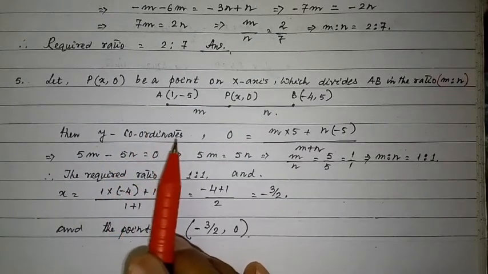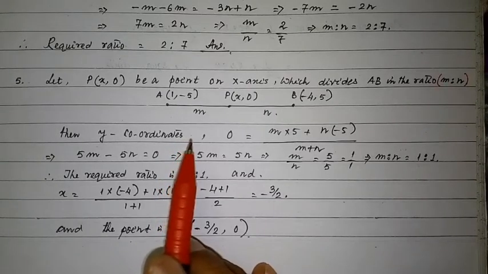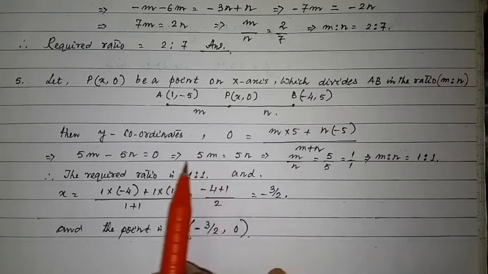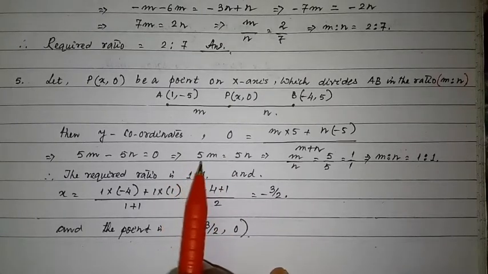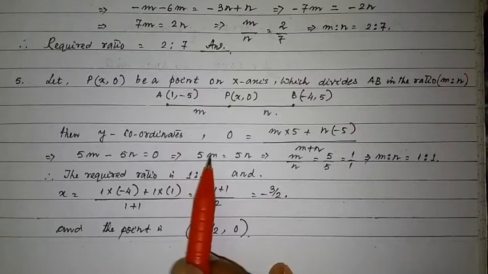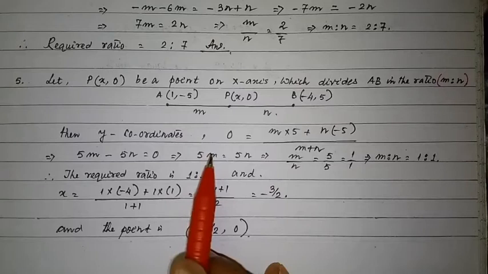Find the ratio in which the line segment joining A (1, minus 5) and B (minus 4, 5) is divided by the x-axis. Also find the coordinates of the point of division.